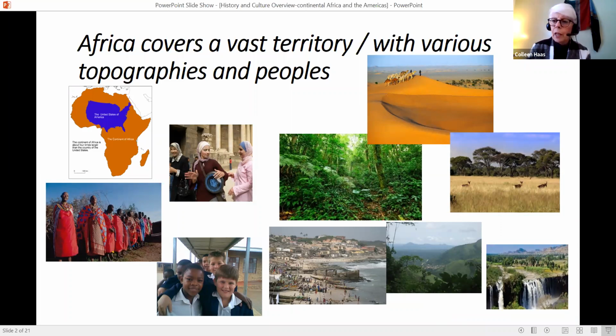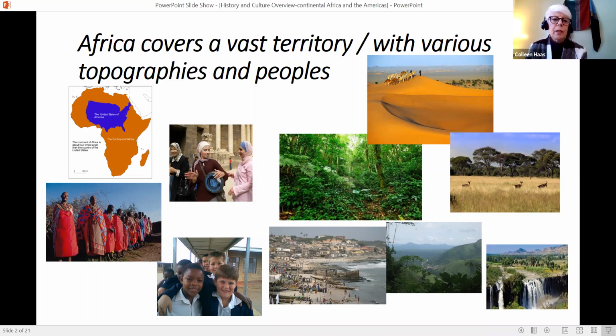So those of you that have traveled across the United States know how vast our territory is. Imagine how much larger this place is. Therefore, Africa sometimes gets referred to as a country, but we have to remember in the front of our minds that it's actually a continent with now, in modern times, over 50 countries.